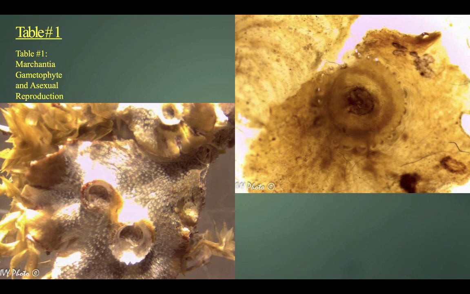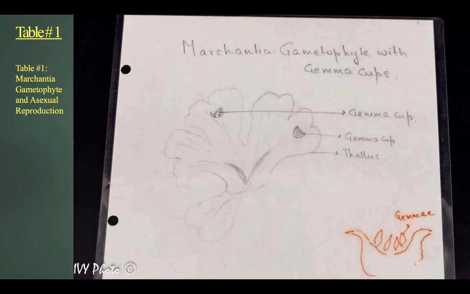And then they're going to ask you to draw the actual Marchantia thallus below, and then label the thallus and the gemma cup itself. They're going to ask you what the function of the gemma cup is, and if the gemma is haploid or diploid. So think about it in terms of spores and those things. And then you're going to look at the microscopic. They're showing you the gemma, the thallus, the gemma cup.